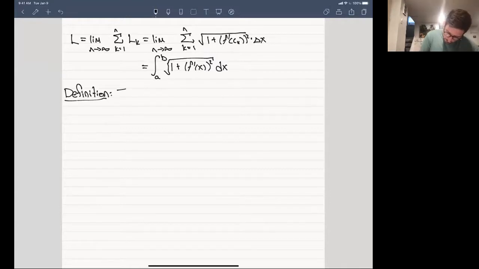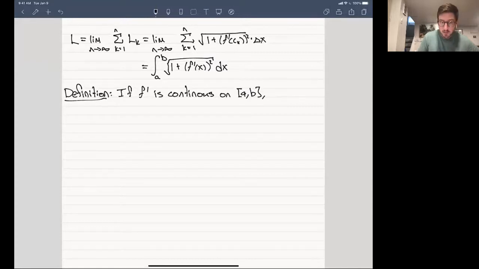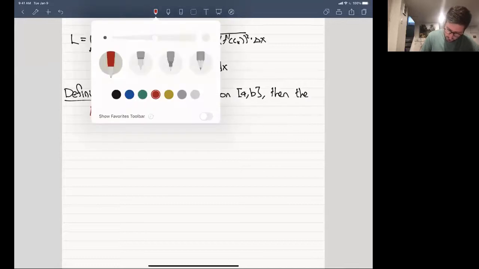So if f prime is continuous on the interval [a, b], then we'll put this in red because this is the definition, the length, as I said, we also refer to this as arc length. We'll use these things interchangeably here.